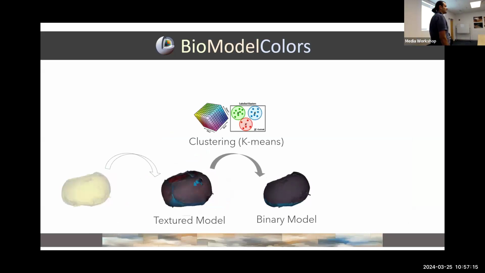From then, you can perform any kind of clustering method. We opted for k-means clustering with 2 clusters, because in this case we wanted to separate it into a binary model where it was either bone or cartilage. So you get this binary model in which every vertex color gets replaced by the centroid of the cluster.